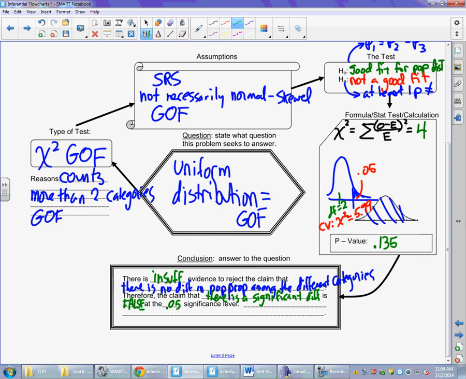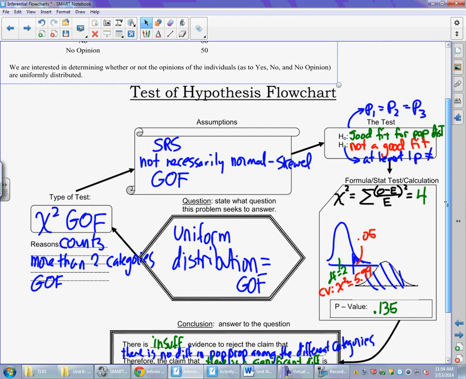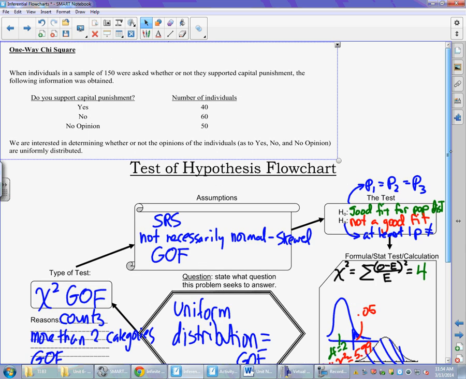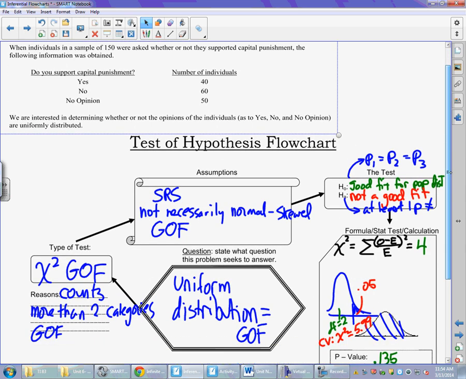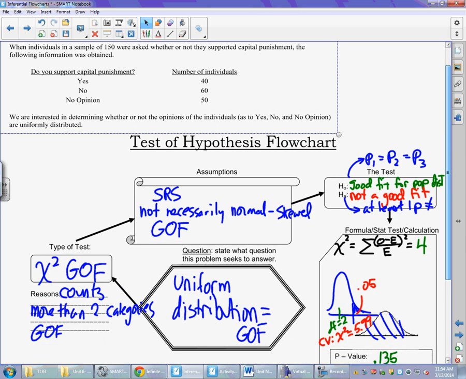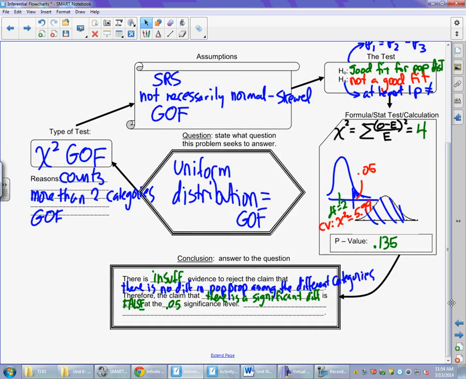Okay, so we can't say that there's a significant difference among the groups, so that's saying that any possible opinion is really just uniformly distributed or evenly distributed, however you want to say it. So the claim of uniformity is true. Or you could say data are uniform.